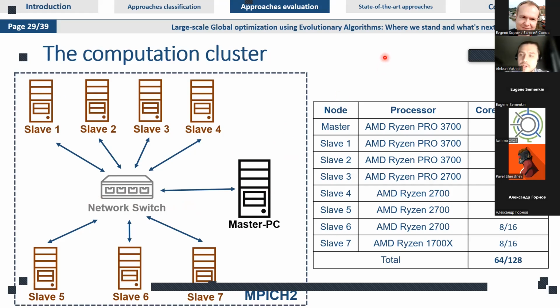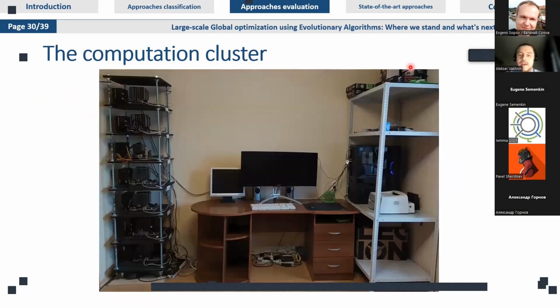Each computer has 8 cores and 16 threads, in total 64 cores and 128 threads. It really helps to save time. This is how it looks in reality: here is the master PC, here are the workers.